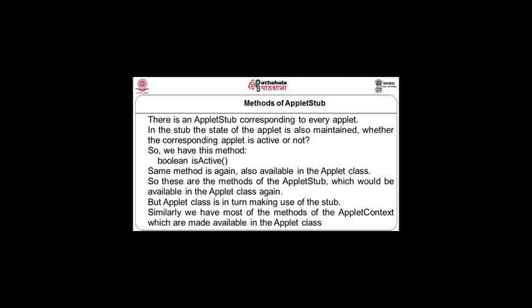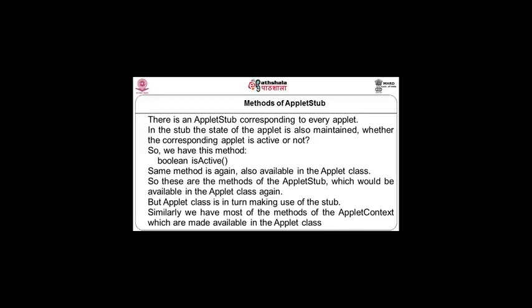So these are some of the methods of the applet stub which would be available in the applet class again, but the applet class is in turn making use of the stub. Similarly, we also have lots of methods from the applet context which are made available in the applet class.